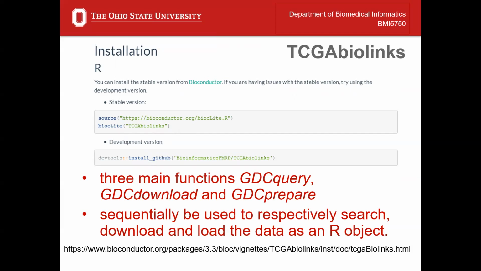You can install the library, follow the vignettes, but they have a setup way of defining which TCGA database you want to pull from, which cancer you want to study, what type of data you want to download. And it downloads them all as R objects, which makes it easy if you're going to do all of your analysis in R to just download the data and analyze it directly.